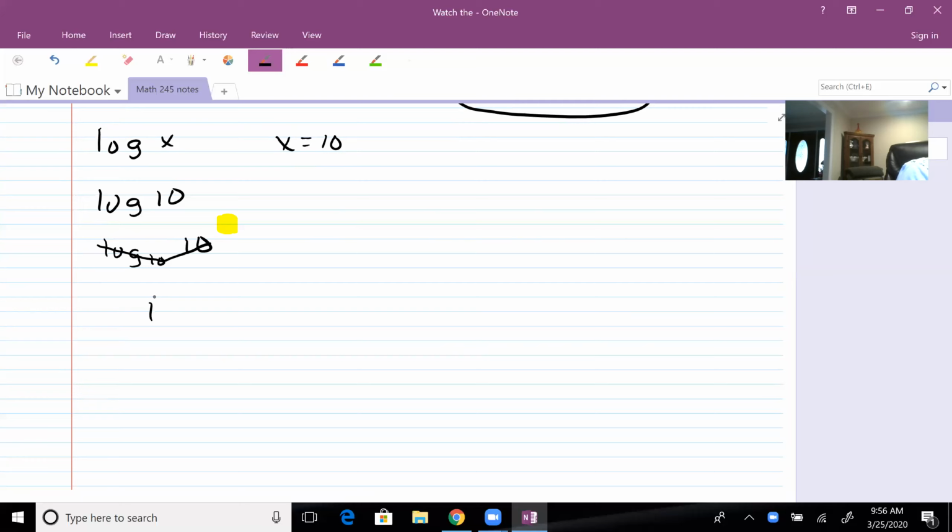All right, let's do another one. Let's say our equation is log base b of x, and we're going to let x be the square root of b.